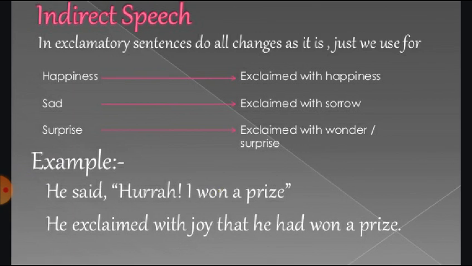You can see one example: he said, "Hurrah, I won a prize." This is the sentence written in direct speech, and whatever part is in inverted commas is the exclamatory sentence.